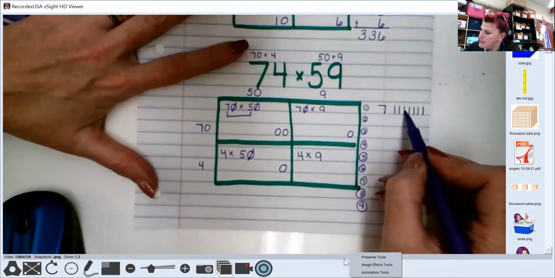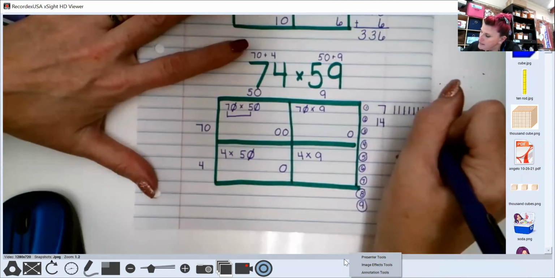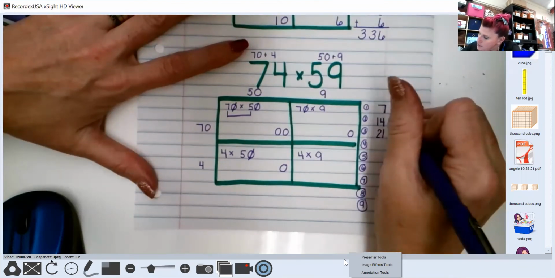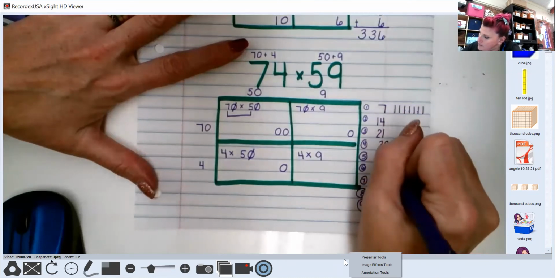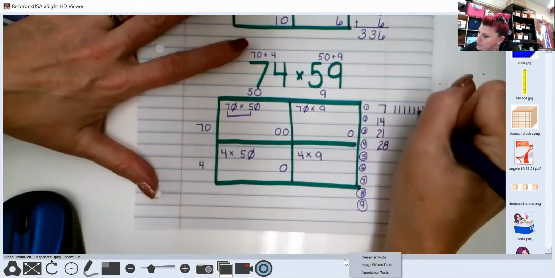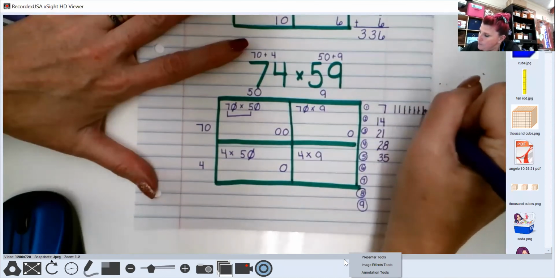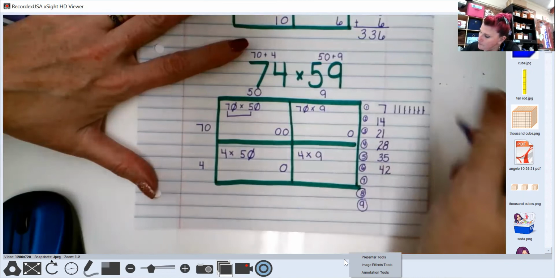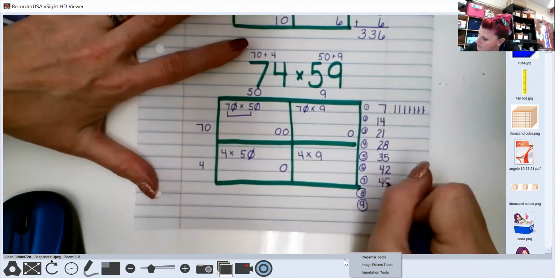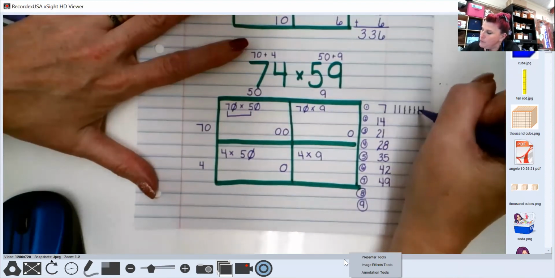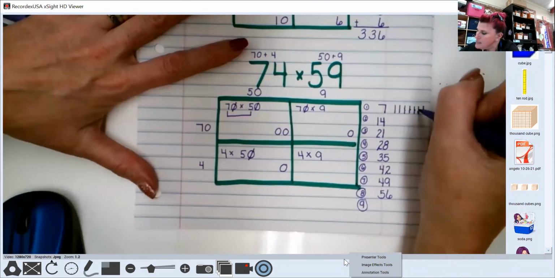Counting by sevens, I go 7, 14, 21, 28, 35, 42, 49, 56, 63.